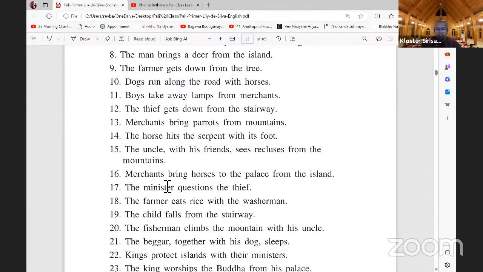And number 16, merchants bring horses to the palace from the island. Vanija dipamha asse pasadam aharanti.